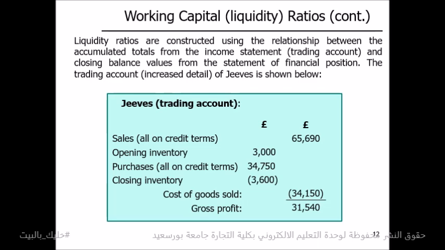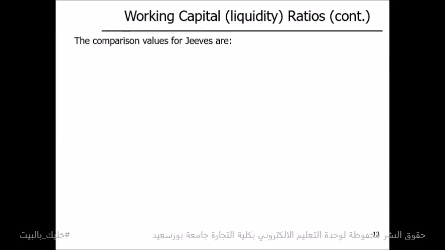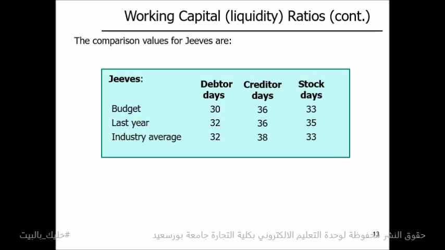Then he calculates the cost of goods sold, and now he has a gross profit. Now let's calculate the working capital ratios. And he gives you, as usual, the notes in order to be able to compare the performance of this year with the previous year, with the coming year, and with the industry as a whole.